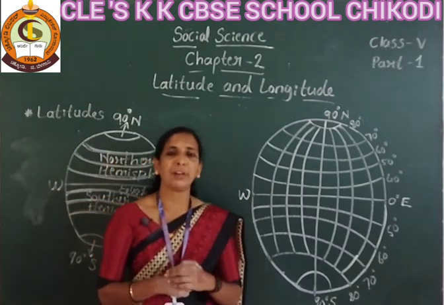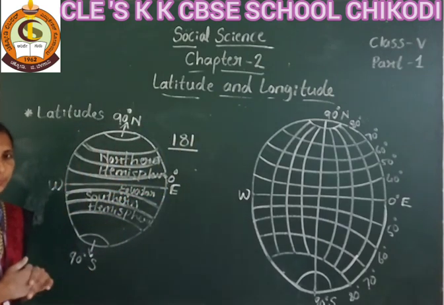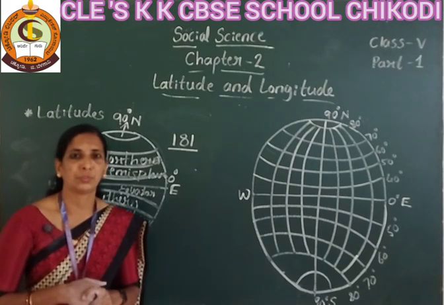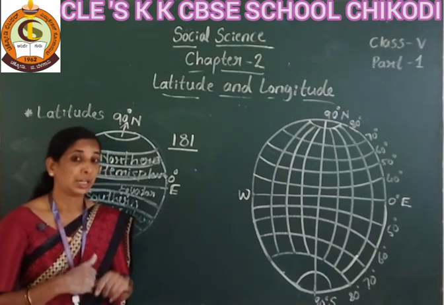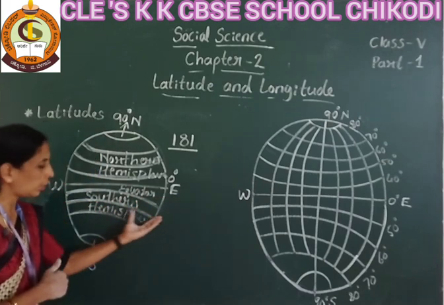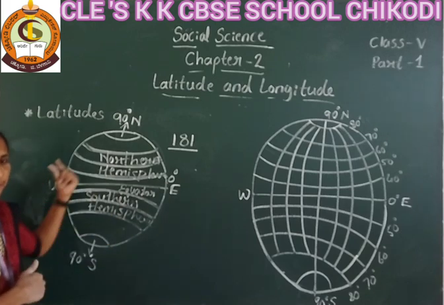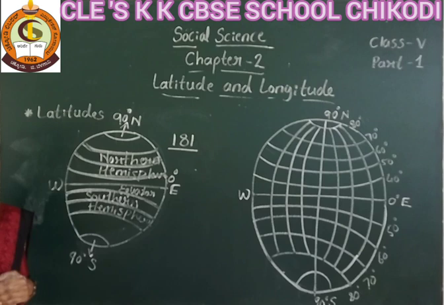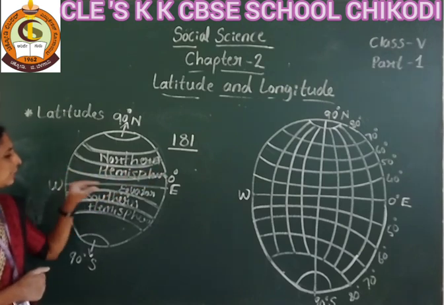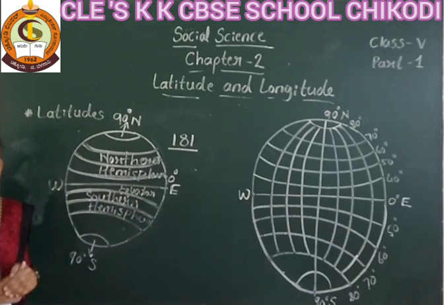And also we have learnt in today's class about latitude. Latitudes are imaginary lines. They move horizontally in the direction of east to west. These all lines lie parallel to each other.